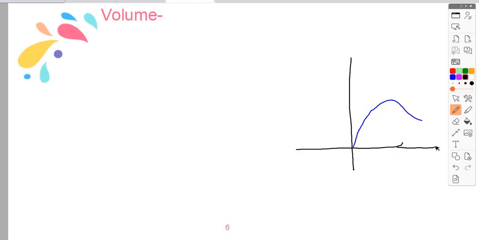And then I were to rotate that. What are we going to end up with? Yeah, it looks kind of like a vase, right? Just on its side.